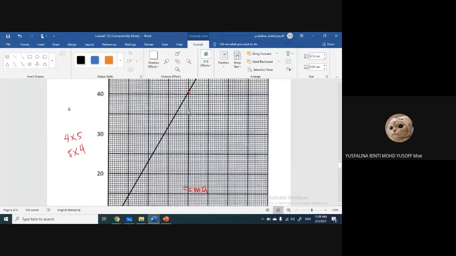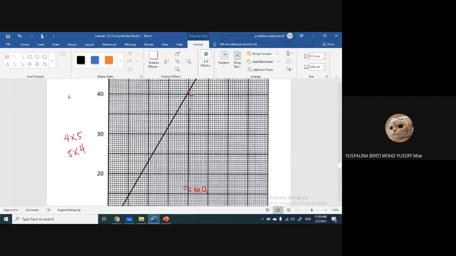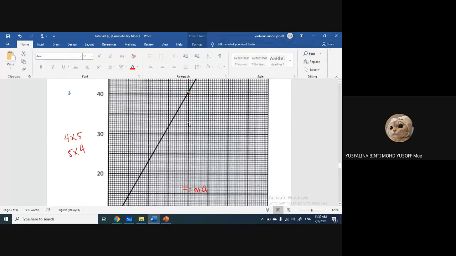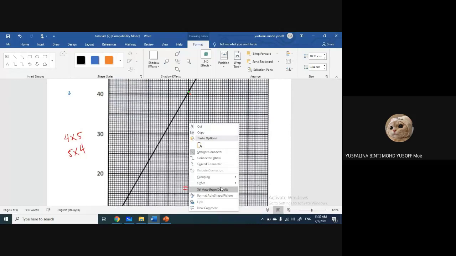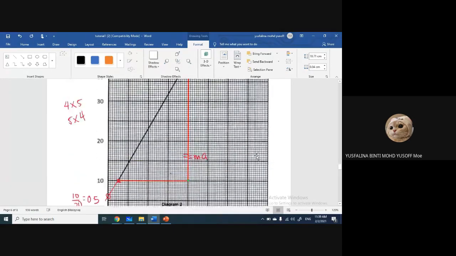This is only an example. All right, until here. Okay, so let's say this is my triangle.